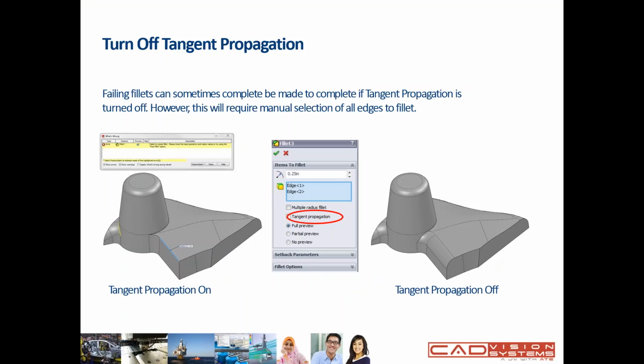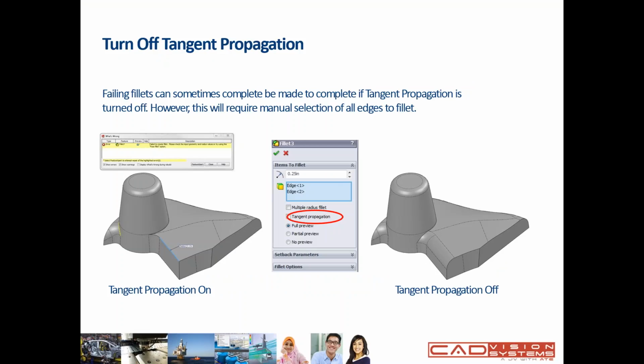Okay, so this is the second example of how we avoid the fillet errors. You can see here 2 pictures, tangent propagation on and tangent propagation off.